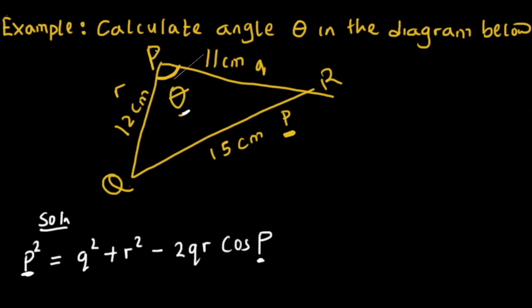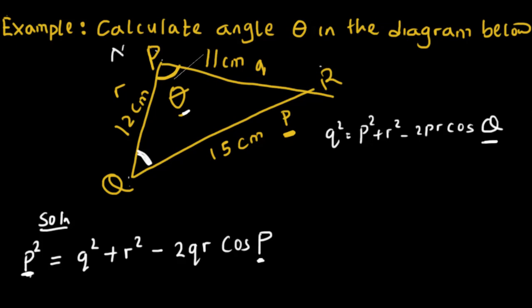If I decide to use Q, I'll be having q squared equals p squared plus r squared minus 2pr cos Q. But it's not Q I'm told to find. It's not this angle here. Does this make sense? So that's why it made sense for me to use the P version of the formula. Do you understand? And don't be confused with the letters.